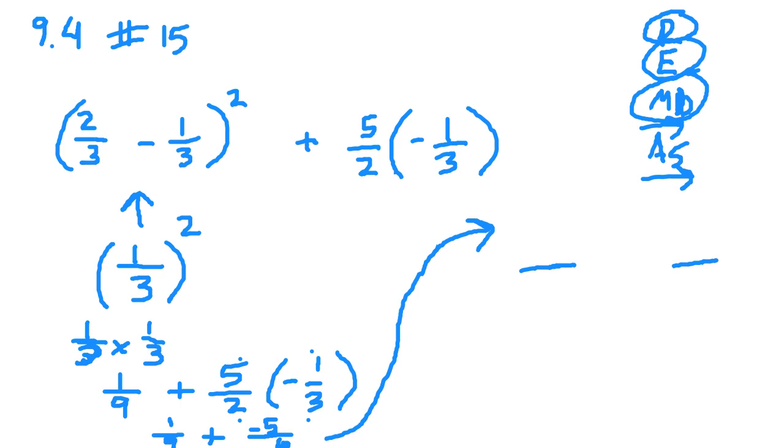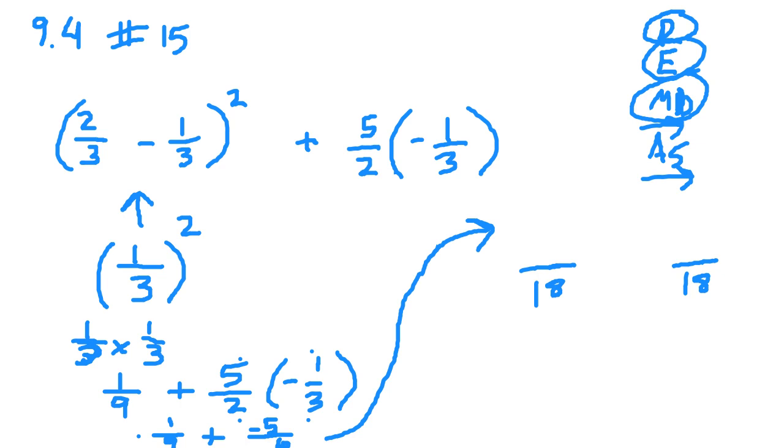Now you could use 54. It just means you'd have to simplify more at the end of the problem. But let's use 18. It'll be a nicer number to deal with. So what do I need to take 1/9 times so that my new denominator will be 18 for an equivalent fraction? 18 divided by 9 is 2.